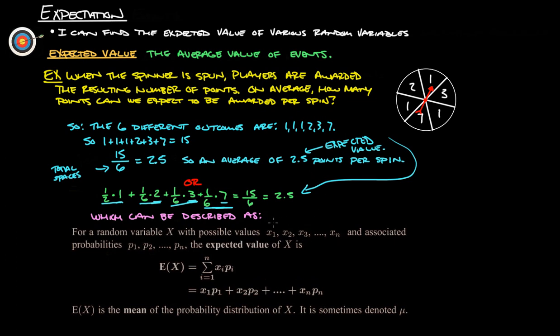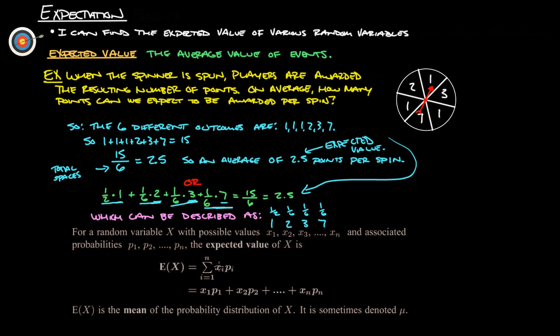In this case, 1, 2, 3, and 7 are 4 possible outcomes, with associated probabilities. The probability of spinning a 1, that we figured out, is 1/2. The probability of spinning a 2 is 1/6, a 3 is 1/6, and a 7 is 1/6.